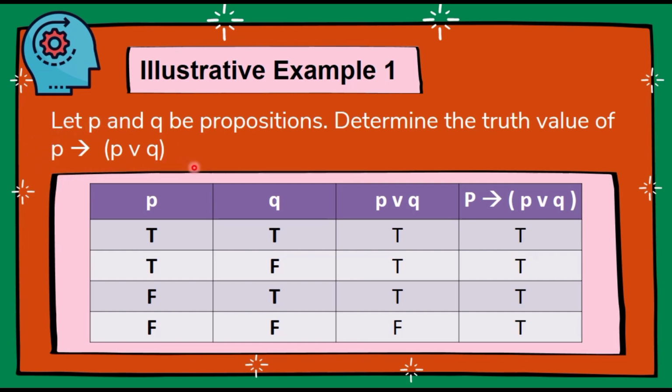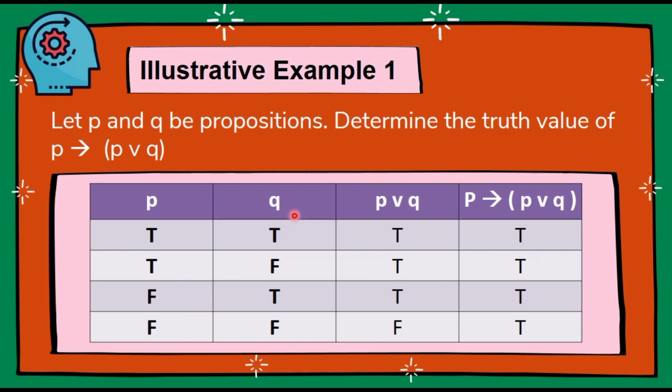So as you can see, we have 4 tables. So P, Q, P or Q, P implies P or Q. And on our previous slides, we already have the value of the P, the Q, and the P or Q. So it's automatic. For proposition P, it's true, true, false, false.